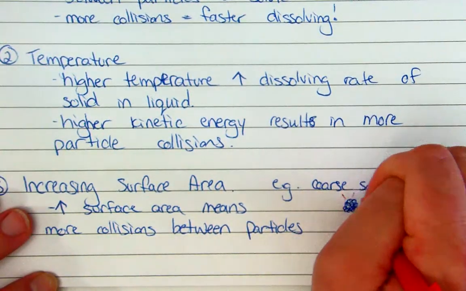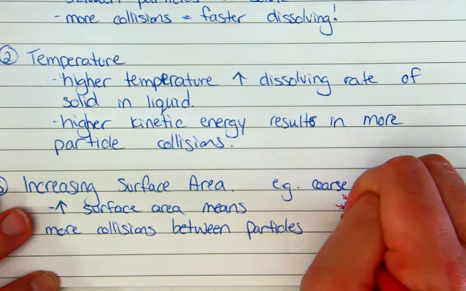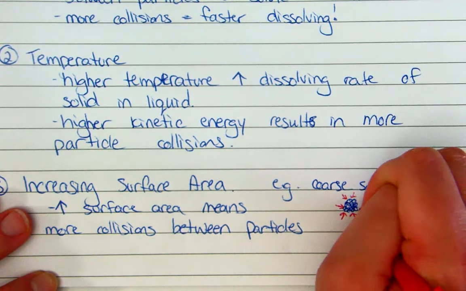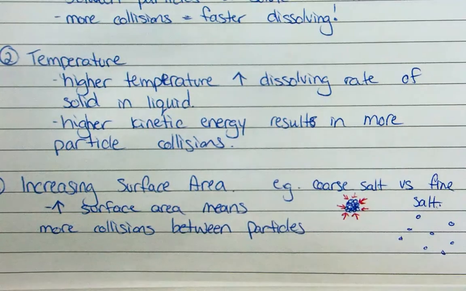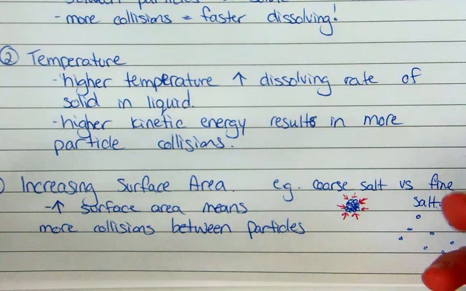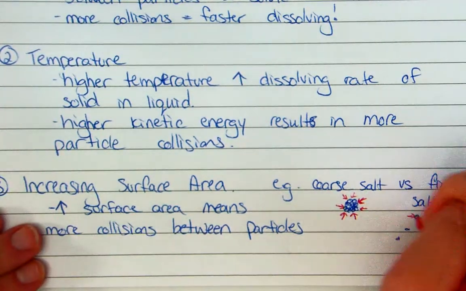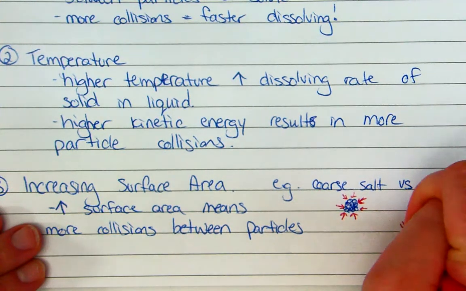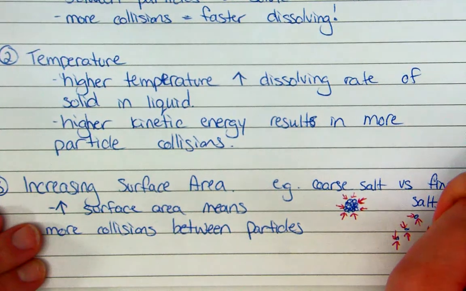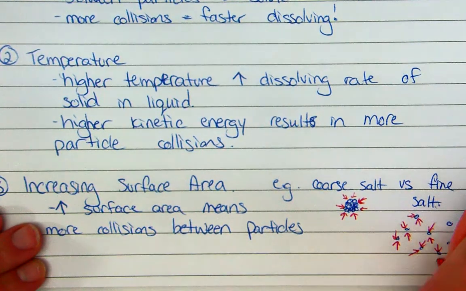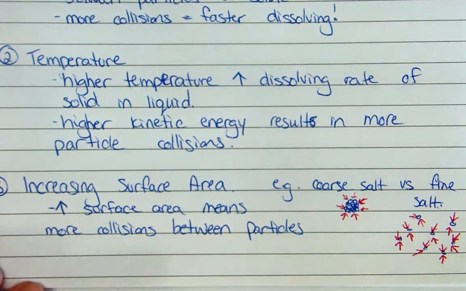Well, if we're looking at collisions, with the coarse salt, we have to collide with that outer layer first, dissolve those, so dissociate those, and then the next layer, and then the next layer. Whereas with the fine salt, we have collisions happening with every particle at the same time because they're already split up. So they're more exposed. If you're trying to dissolve a solid and want it to go faster, you need to grind it into smaller particles.